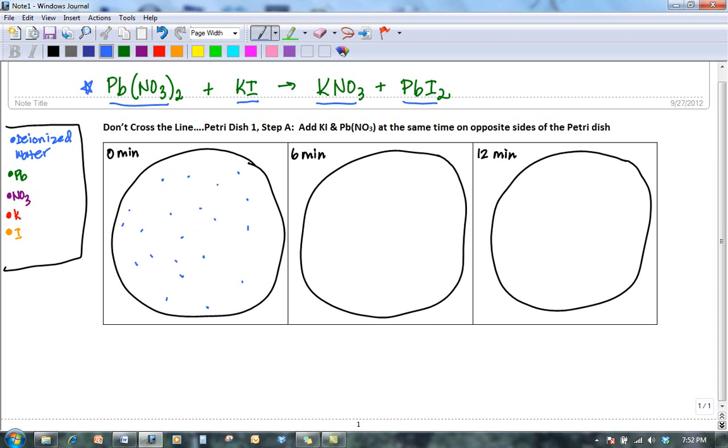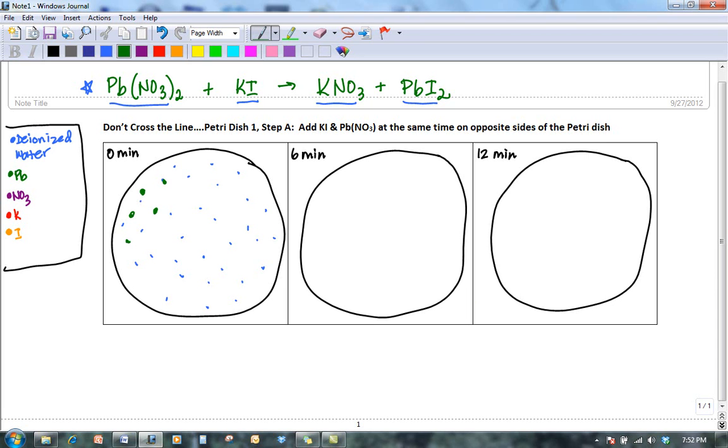So my blue dots here are the deionized water, and we know that they have covered the entire dish. But how am I going to represent the other compounds that I have in my chemical equation? Well, I'm going to represent lead as a green dot. So I'm just going to draw some green dots here.